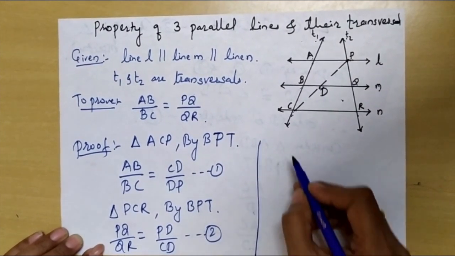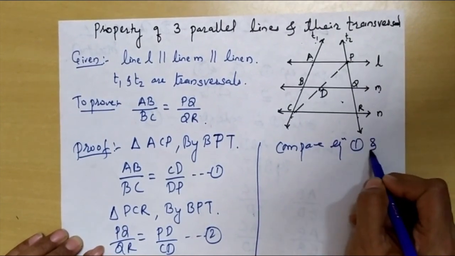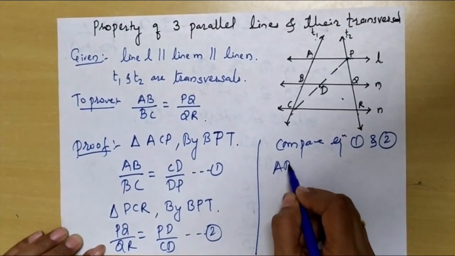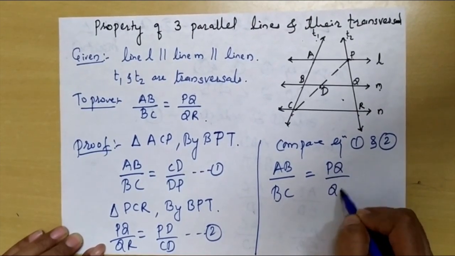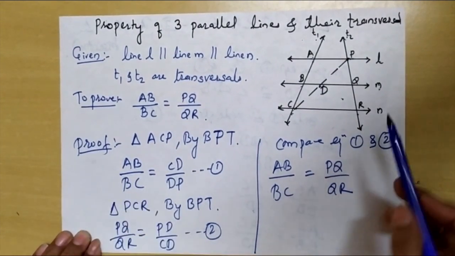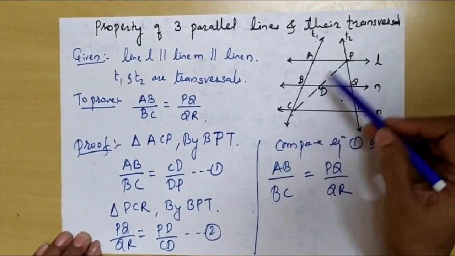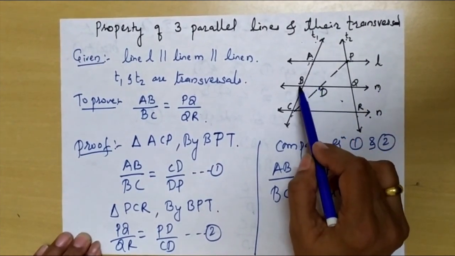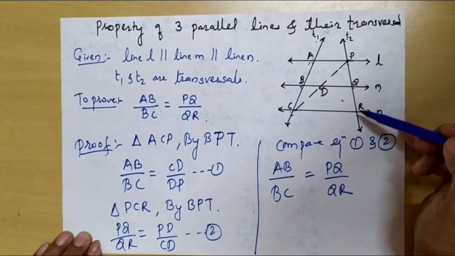Now if we compare equations first and second, we get AB upon BC is equal to PQ upon QR, and this is nothing but the property of three parallel lines. That means if there are three parallel lines intersected by two transversals, we get the ratio of their intercepts, that is AB upon BC equal to PQ upon QR.